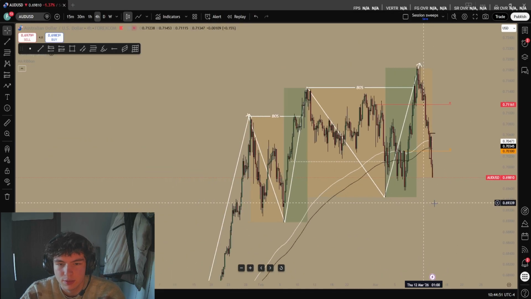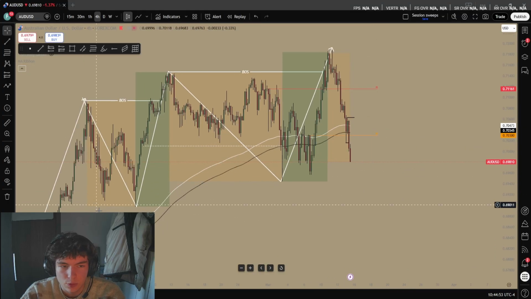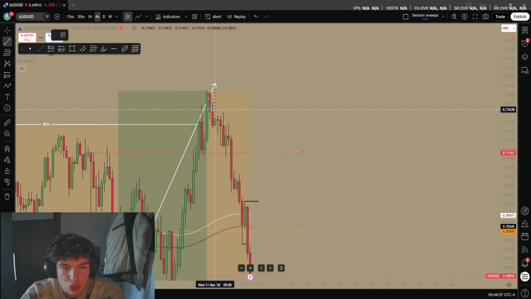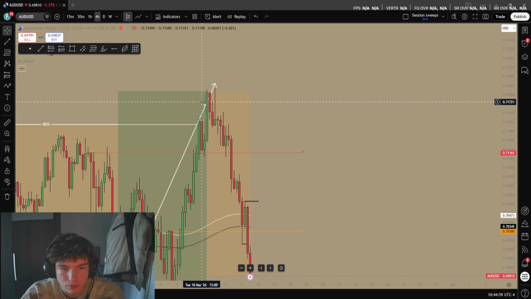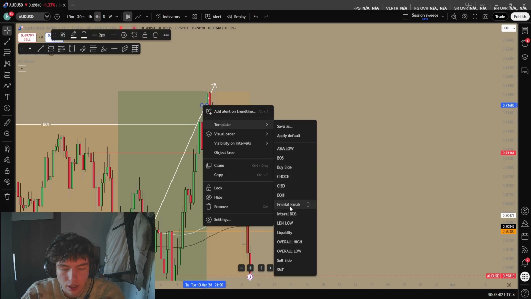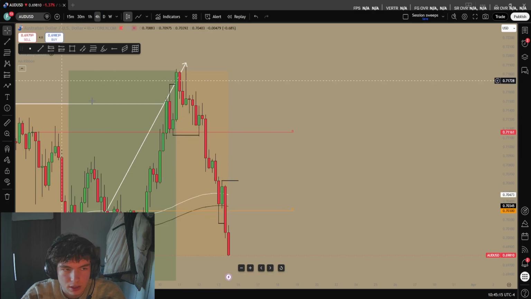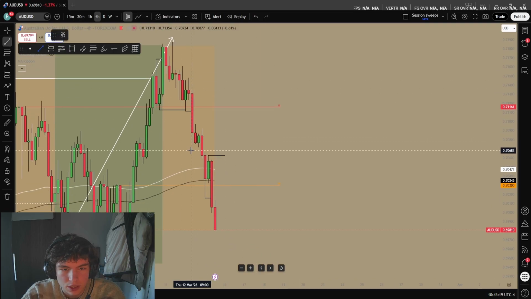So if we can see right now on AUD USD, we are bullish swing structure, but we are bearish fractal structure. If we combine those two, we get a fractal break towards the upside. We see a move up, another break towards the downside, a move down, a move up.